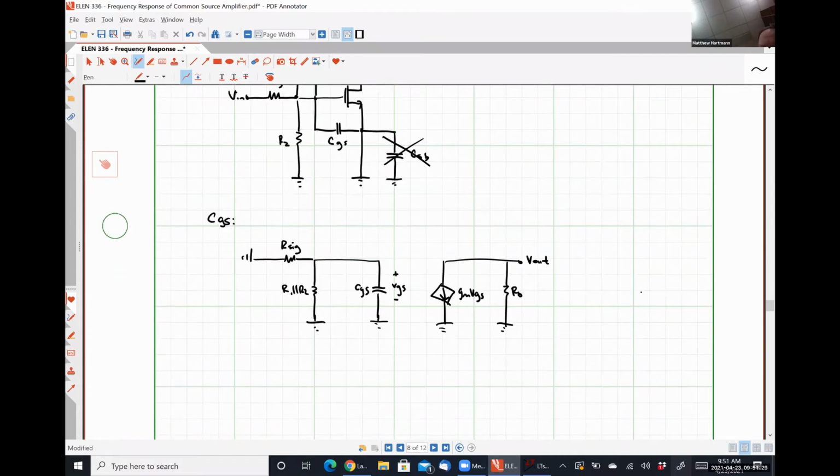So from this, we should see that tau GS, the time constant for our gate source capacitance, is CGS times our Thevenin resistance that we calculated earlier, which if we're just looking at this, we can see that it's going to be CGS times R sig in parallel with R1 in parallel with R2. So this one, fairly straightforward.